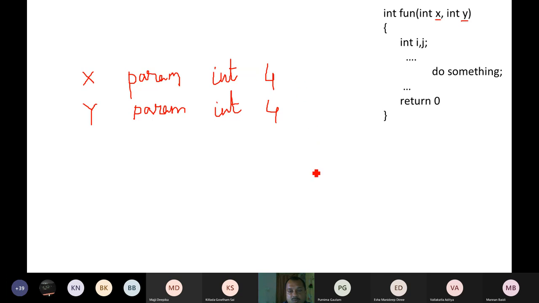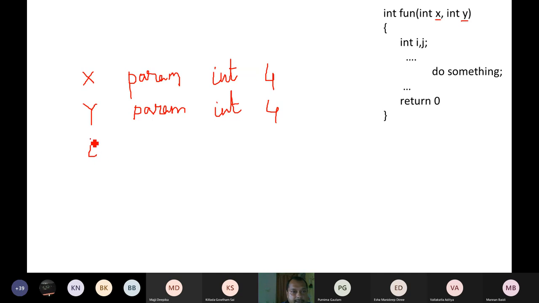One more thing will come, I'll come to that, but up to this it is more or less okay. So x is the name of the variable, so it is a parameter, its data type is integer, and it will take 4 bytes for the storage. Y is also the same.